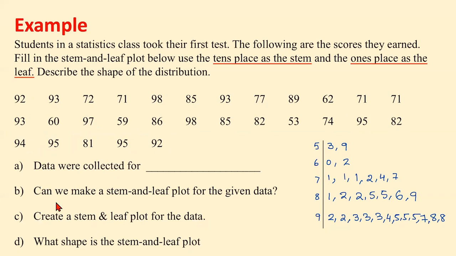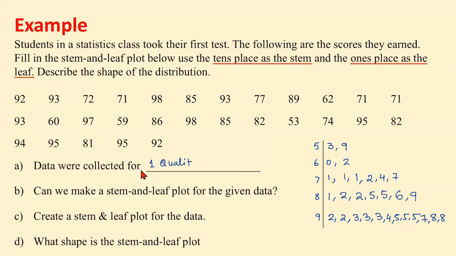Now let's try to answer A and B. You could have answered A and B first and then move on to C, which is totally fine. The first part is: the data collected were for one variable, quantitative.